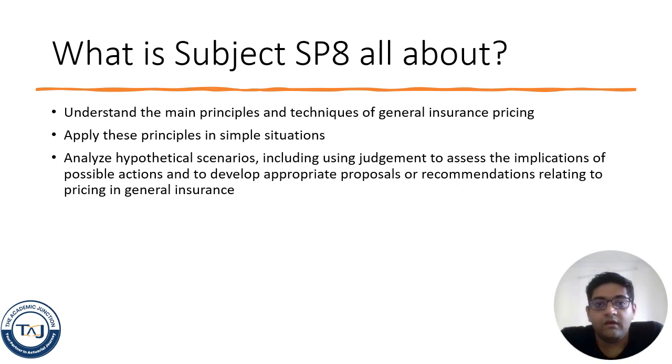We will look at scenarios where we have to apply actuarial judgment and calculate either frequency and severity or burning cost of an insurance program and see how our assumptions affect the prices. We will also see how other factors play a role in determining price once we arrive at a burning cost. For example, once you arrive at a risk premium, what are the factors you should consider when you're converting the risk premium to an office premium?